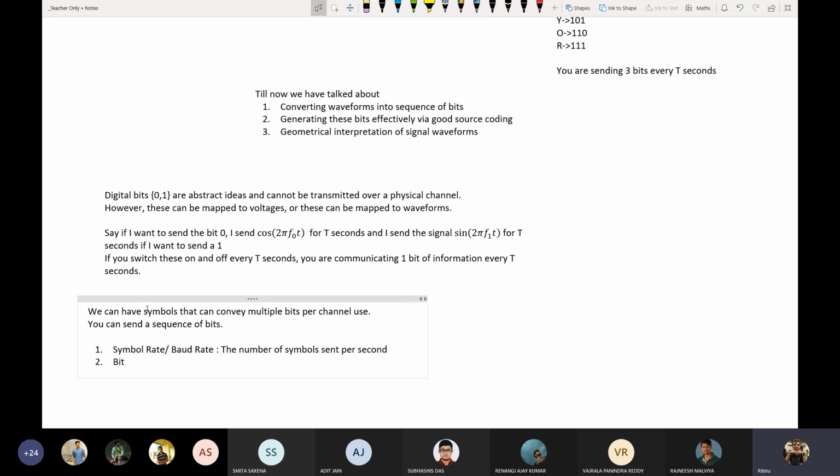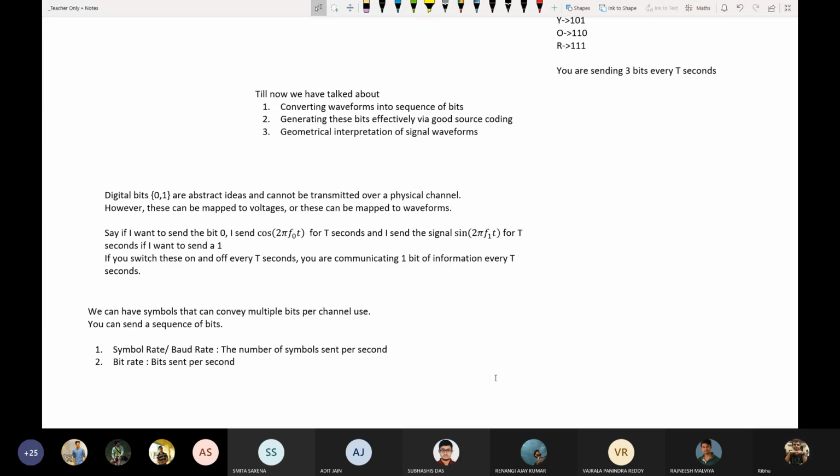Second thing is bit rate: bits sent per second. These bit rates and symbol rates can go into megabits per second easily, or even in the case of physical wired LAN, into gigabits per second.